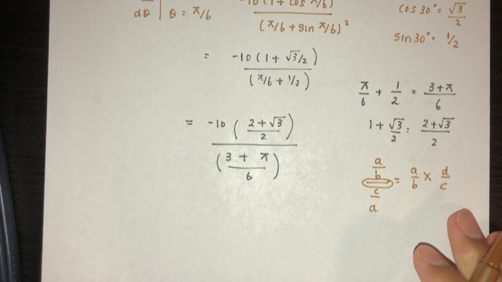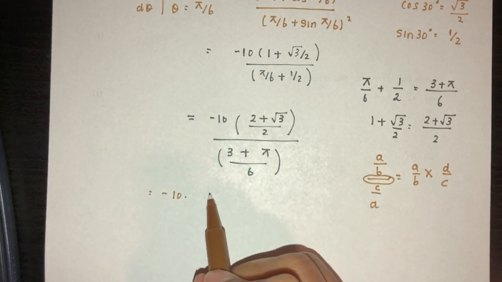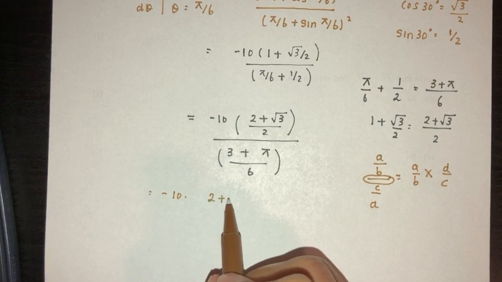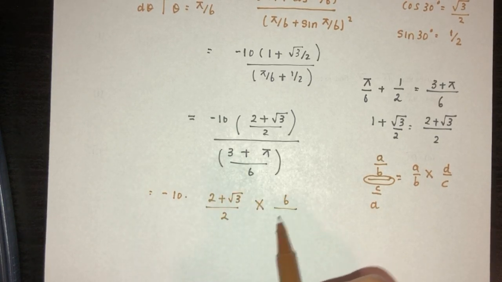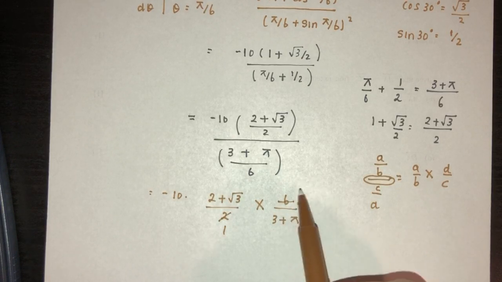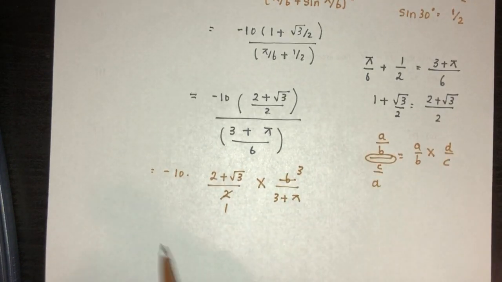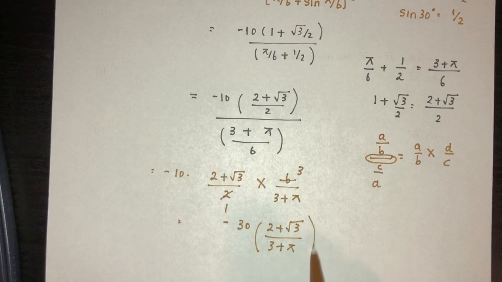So same way here, we can write this down as minus 10, the first one is the same, which is 2 plus root 3 over 2 multiplied by 6 over 3 plus pi. Now you can simplify. You will have this will go away, this will become 3, and you will have minus 30 bracket 2 plus root 3 over 3 plus pi. This will be your answer for dr by d theta.